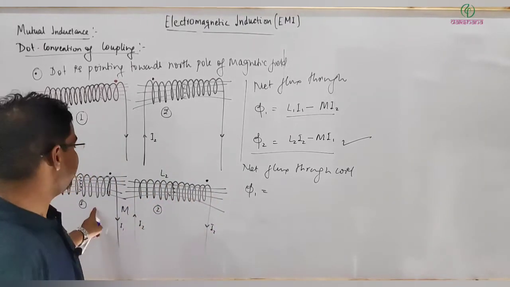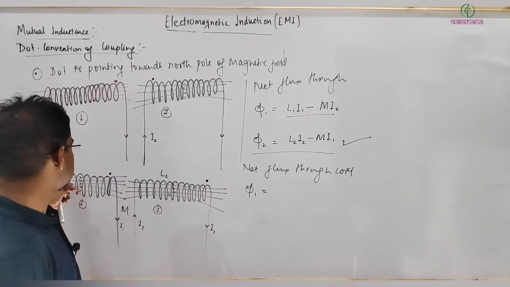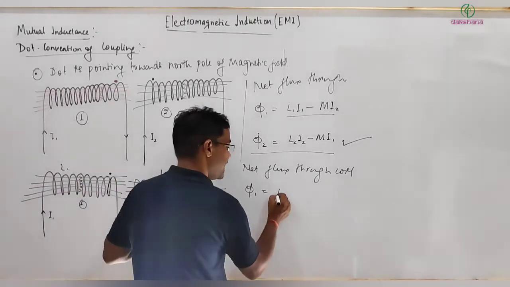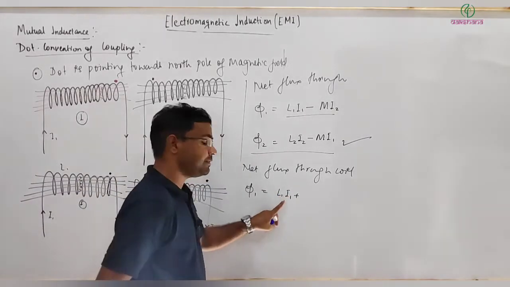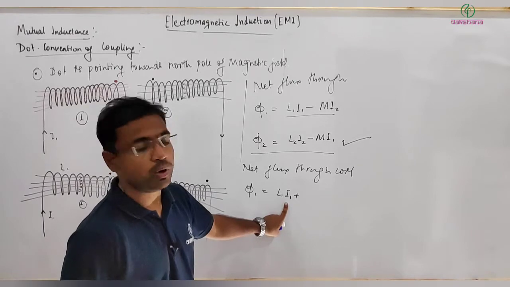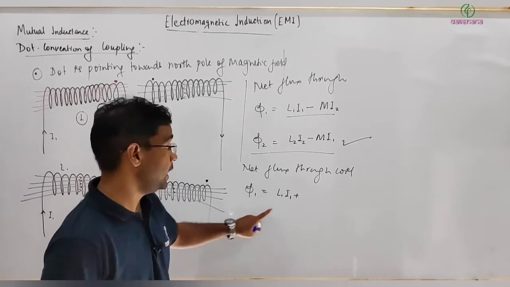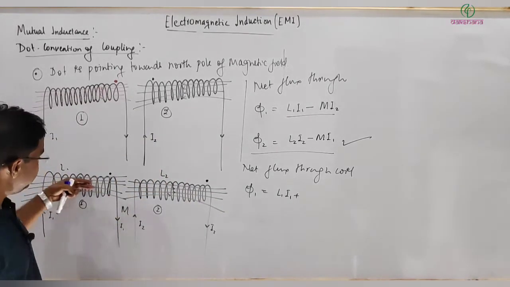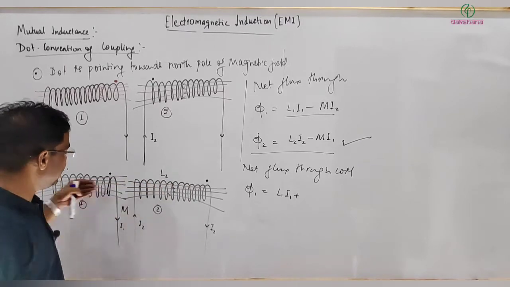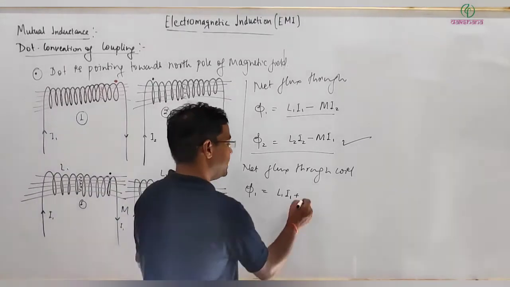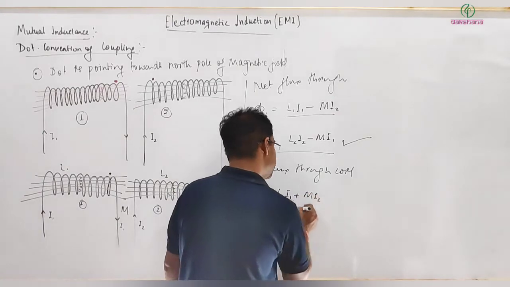In this situation you can imagine easily, the net flux will be added, so the flux through coil 1 is L1 I1, this is the flux linked to coil 1 due to current in coil 1, and you can see here, this flux goes this way and these magnetic field lines are also parallel, so it will be added, so it's M into I2.